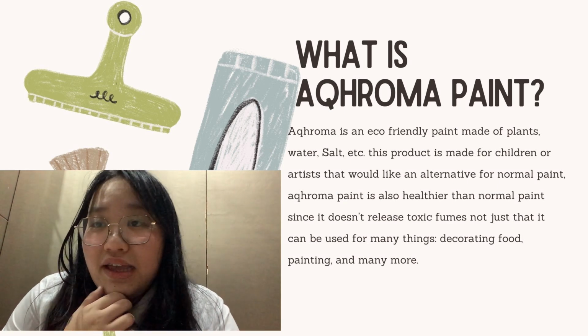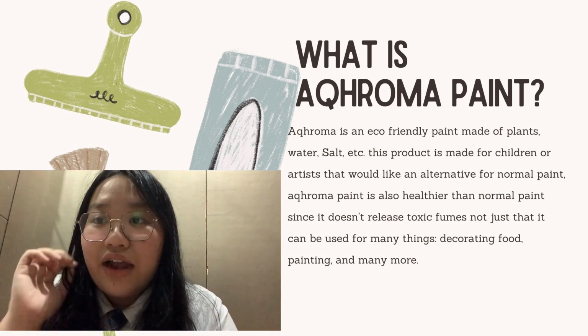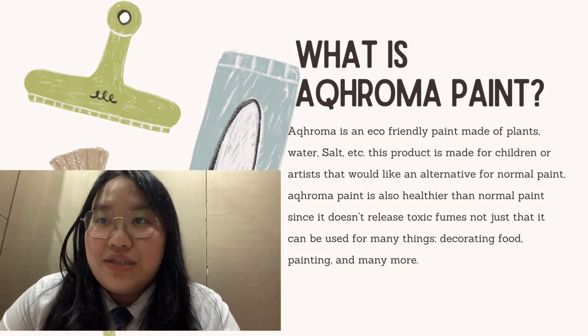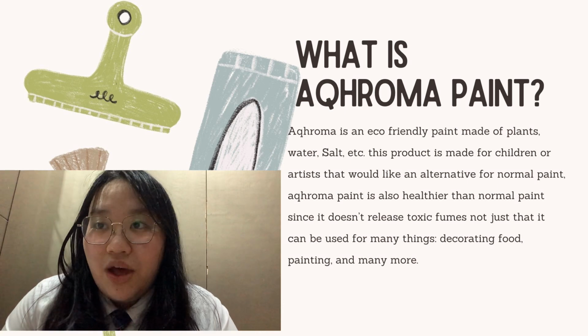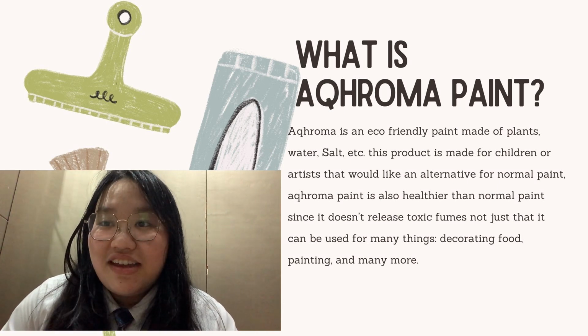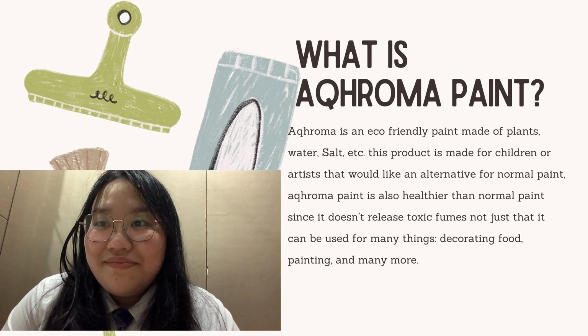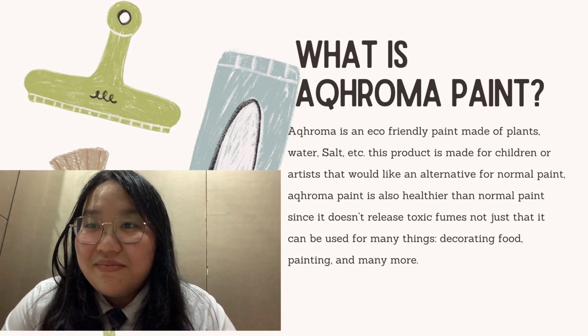What differentiates it from other eco-friendly paint is you can reuse it and it works a lot like watercolor. You can reactivate it anytime and it won't go bad because of the amount of salt in it.